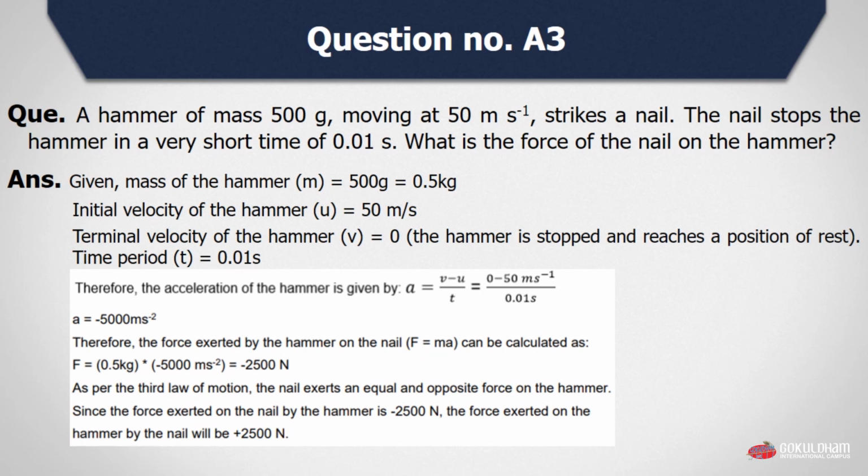If we get the force of the hammer on the nail as minus 2500 Newton, then we'll get the force of the nail on the hammer as plus 2500 Newton. So the answer for the force of the nail on the hammer is plus 2500 Newton. This was our solution for question A3, the question number 3 from our additional exercise.